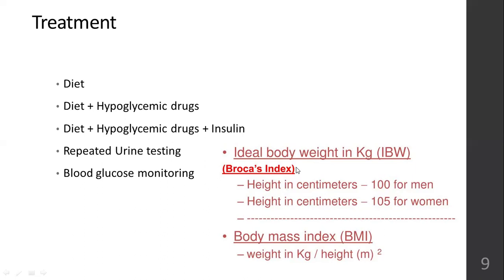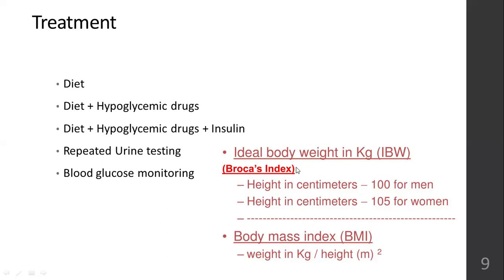In men, take their height in centimeters and minus 100. Whatever is the remaining answer is the ideal weight for that man. For example, if a man is 175 centimeters, 175 minus 100 is 75. 75 kg is the perfect weight for a person who is 175 centimeters in height.